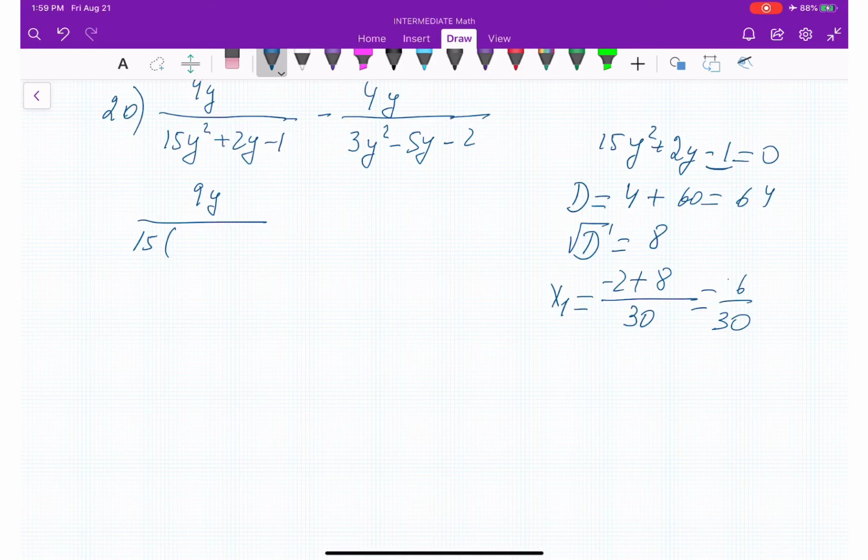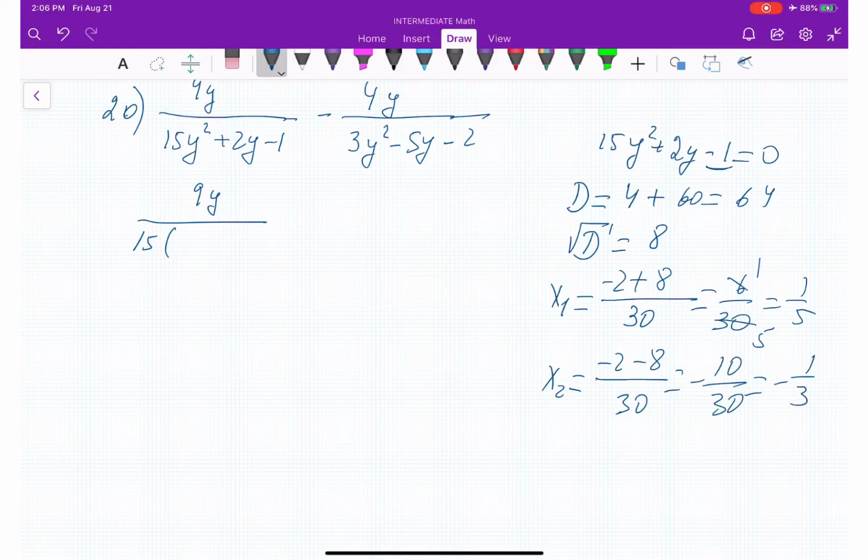And if I reduce, we get 1/5. Next, x2 is equal to negative 2 minus 8 over 30, which is equal to negative 10 over 30, which is equal to negative 1/3.